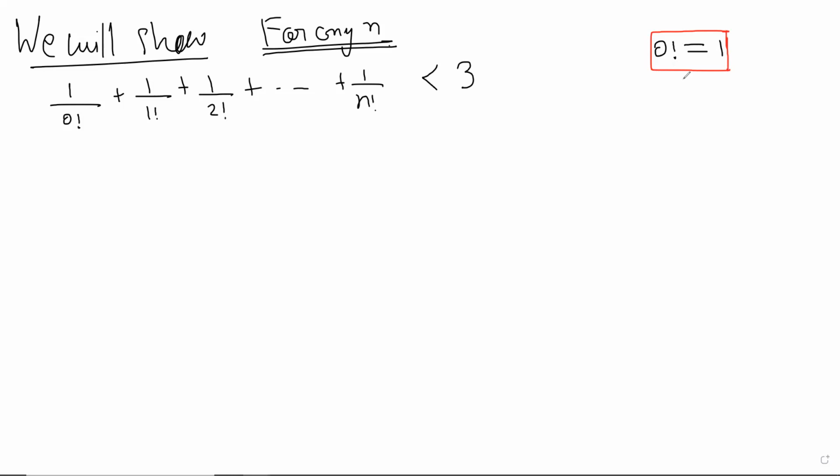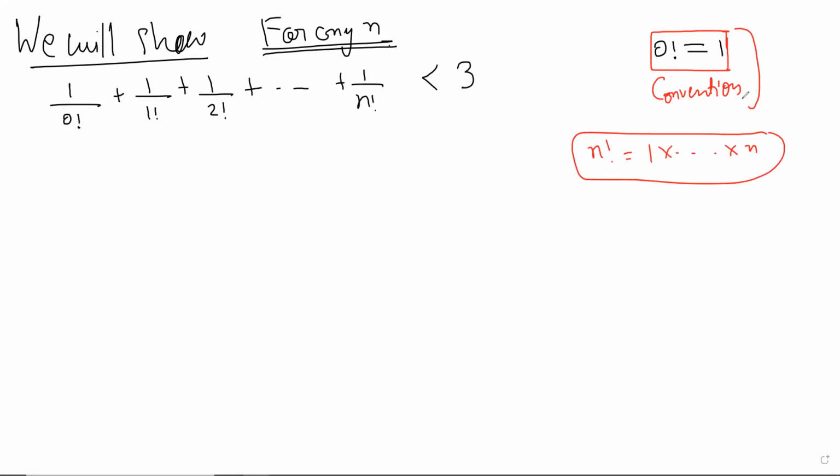Reasons can be given, some philosophical reasons can be given, but this is a convention. The definition of n factorial is that you multiply from 1 to n, but this does not meet that rule, because then it would be 0.